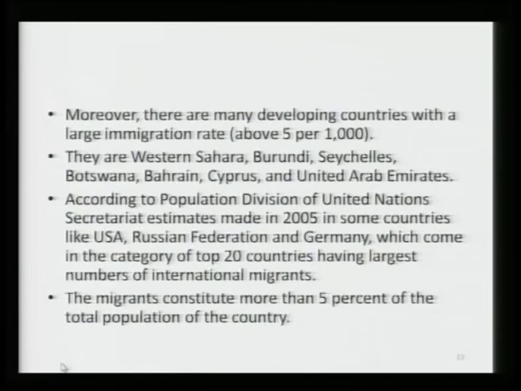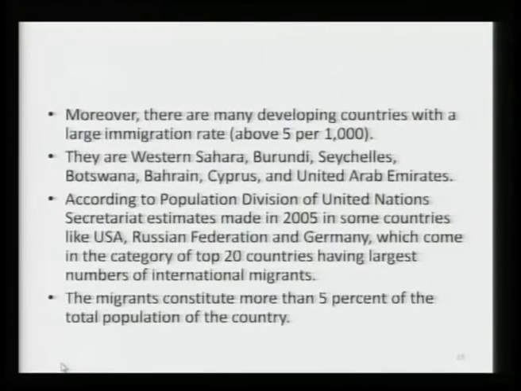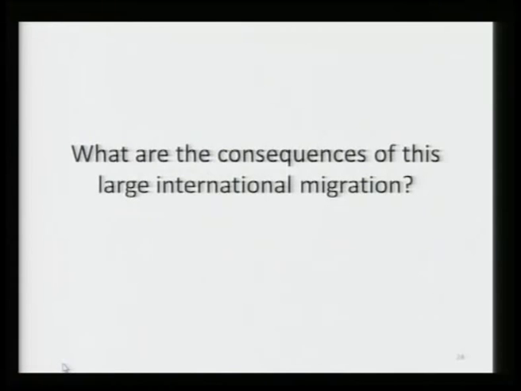According to Population Division of United Nations Secretariat estimates made in 2005, in some countries of the developed world there were more than 5% immigrants. The countries like USA, Russian Federation and Germany come in the category of top 20 countries having the largest number of international migrants.